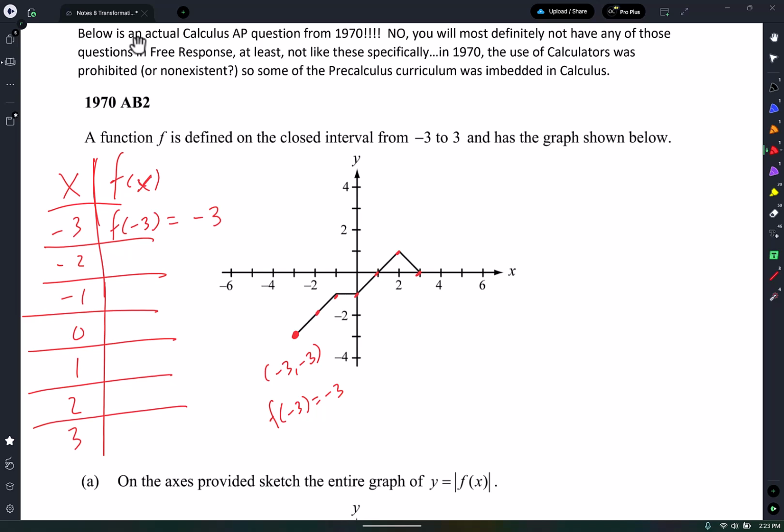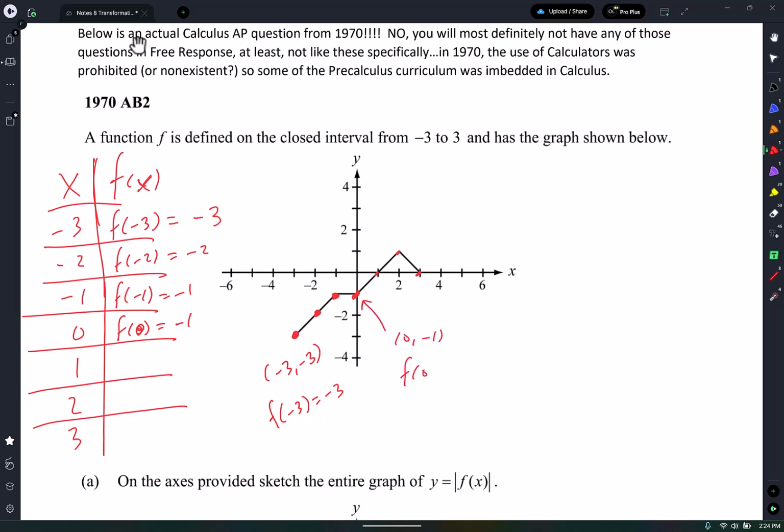It's like that for the first three of them. This is f of -2, which is just -2 from this coordinate right here. This is f of -1, which is just -1. And then we get to the more fun ones. This is f of 0, which is -1. That point there is 0, -1.